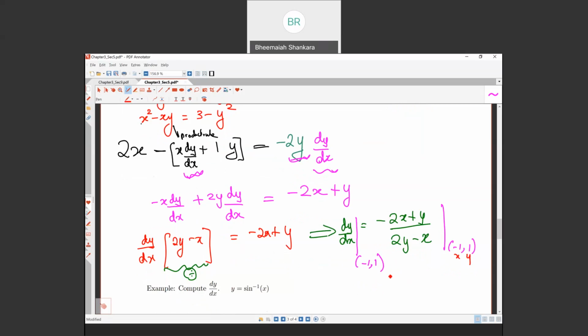So when you plug in, you have negative 2 times negative 1, positive 1 divided by 2 times 1 and then negative of negative 1. Simplify, you have negative 2 times negative 1, 2, 2 plus 1, 3 on the top. Then you have negative times negative 1, positive 1. So 2 plus 1 is 3 on the bottom. So answer is 1.